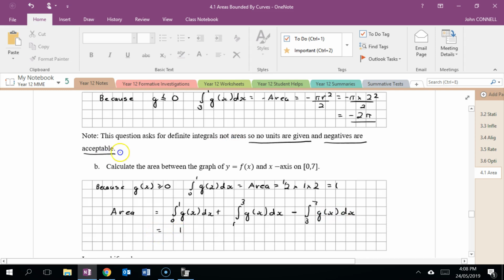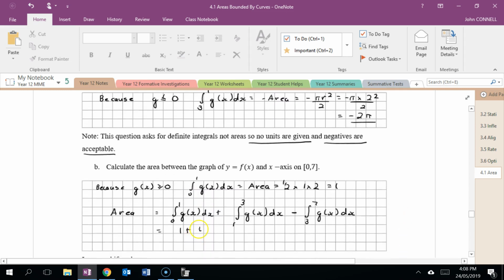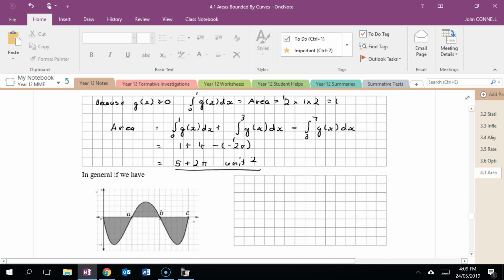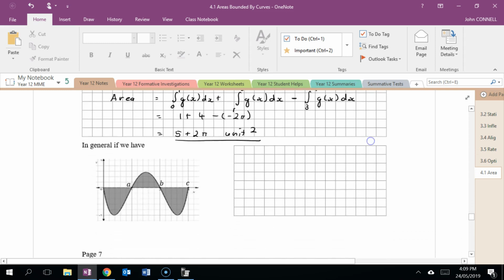So then it's 1 plus, now 1 to 3 was 4, take minus 2 pi, and so then it becomes 5 plus 2 pi. And in this case I give units because we're finding an area. So when we're doing area, we're adding integrals where the function is positive and subtracting it where the function is negative.